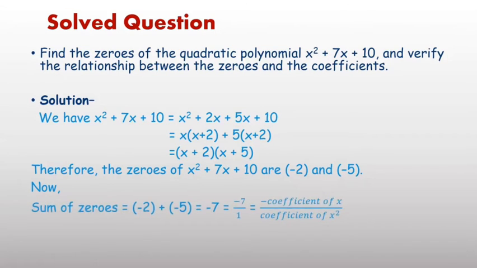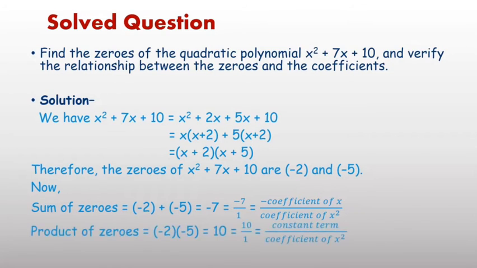Sum of zeros, minus 2 plus minus 5, equal to minus 7 equal to minus 7 upon 1, which is equal to minus coefficient of x upon coefficient of x square. Product of zeros, minus 2 into minus 5, equal to plus 10 equal to 10 upon 1 equal to constant term upon coefficient of x square. Hence relationship between zeros and coefficients verified.